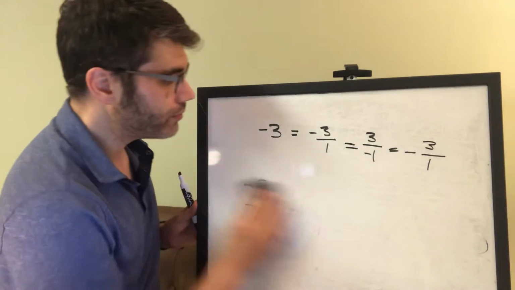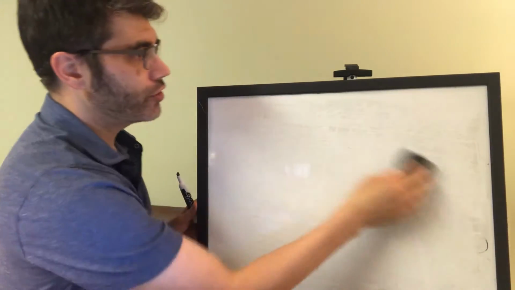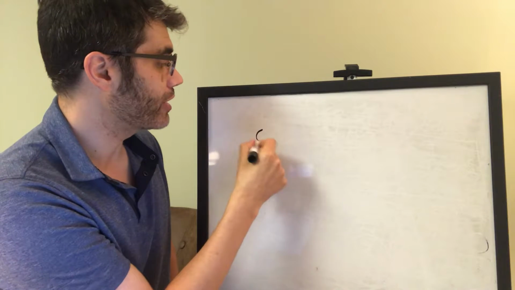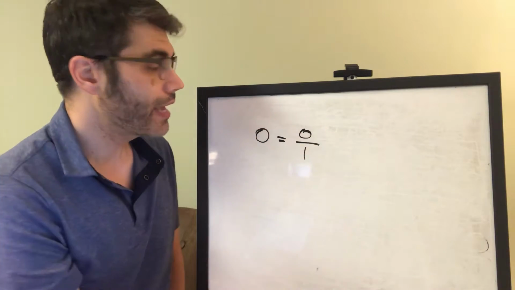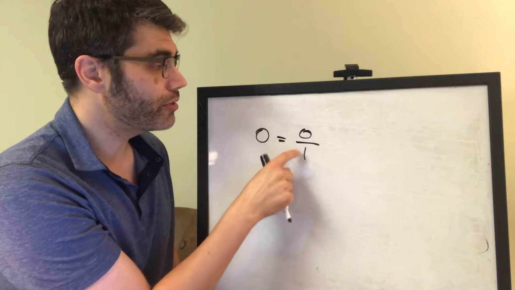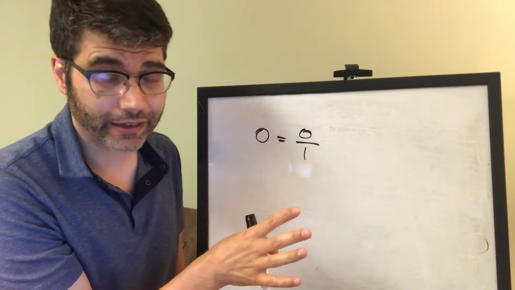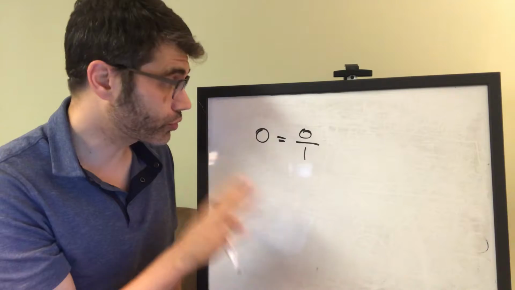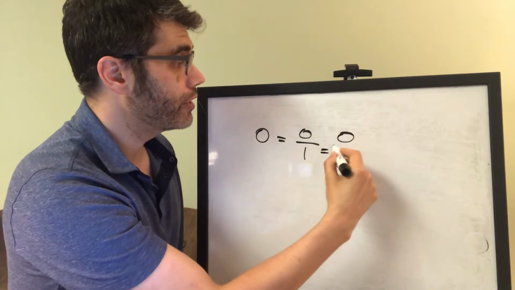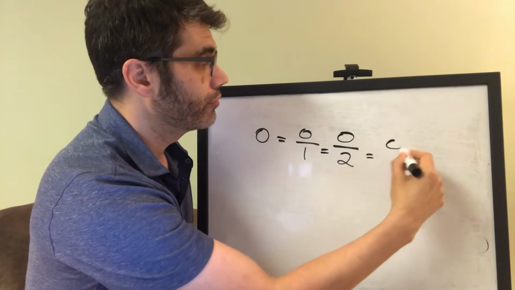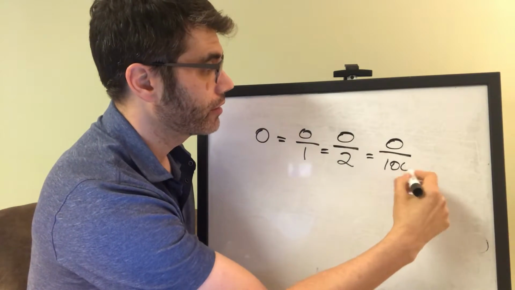So I also want to go back to having 0 as a fraction. So 0 can be written as 0 over 1. In fact, 0 could have been written over anything. And this is only true for 0. So 0 could have been over 2 or over 100.